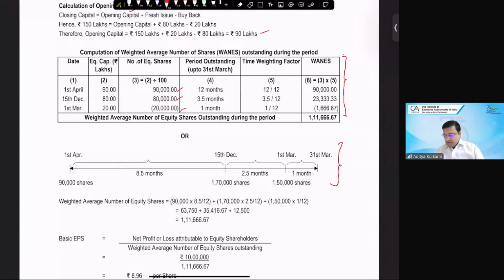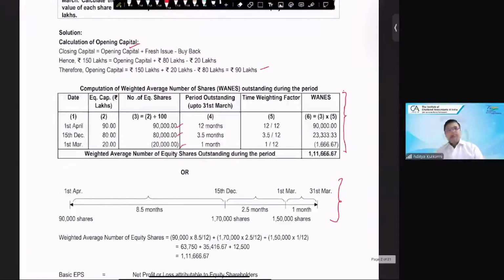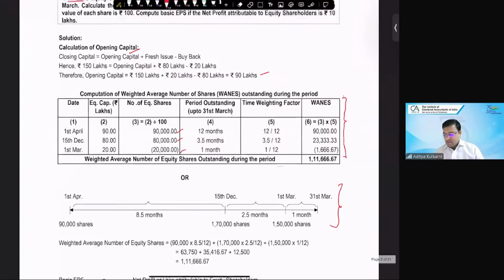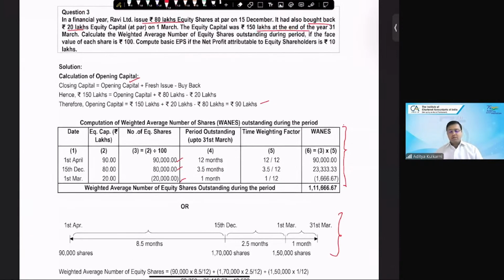Here we have taken it on the basis of months, because earlier some students had asked me whether to take on days or months. Here the movements are happening either at the end of the month, the beginning of the month, or in the middle of the month, so I have taken it on the basis of number of months and done the working. If you do it in number of days, there will be a slight variation, but I don't think that should be a problem.